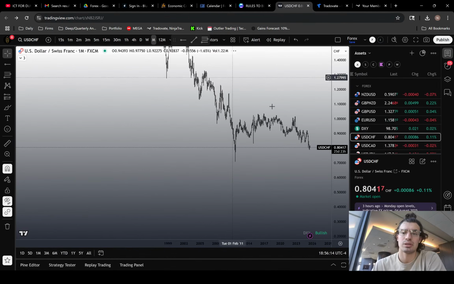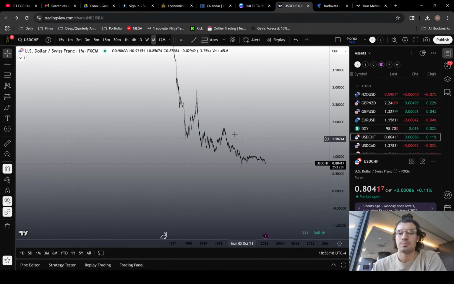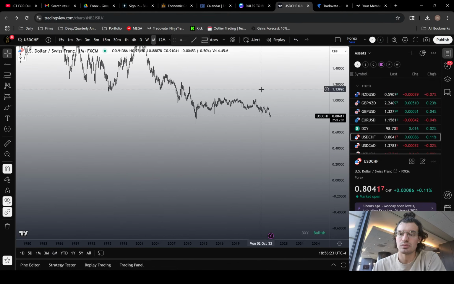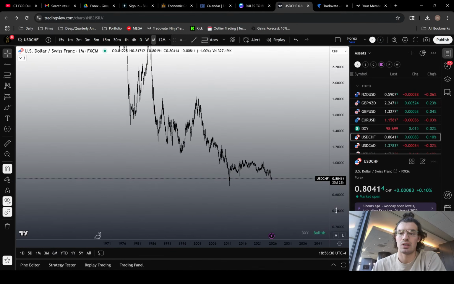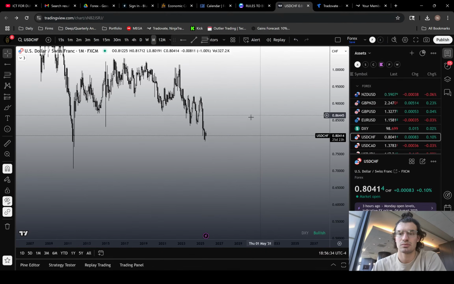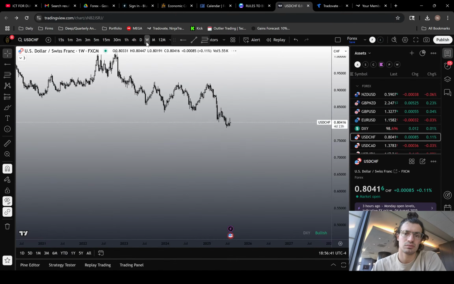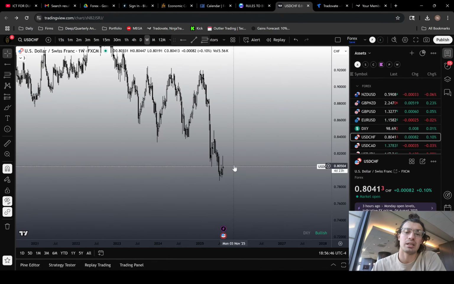So let's get really fundamental here. Are we seeking internal, external? Well, we're overall extremely bearish. It's crazy how the Swiss franc has fallen. So even though we're bearish, might it come up here?